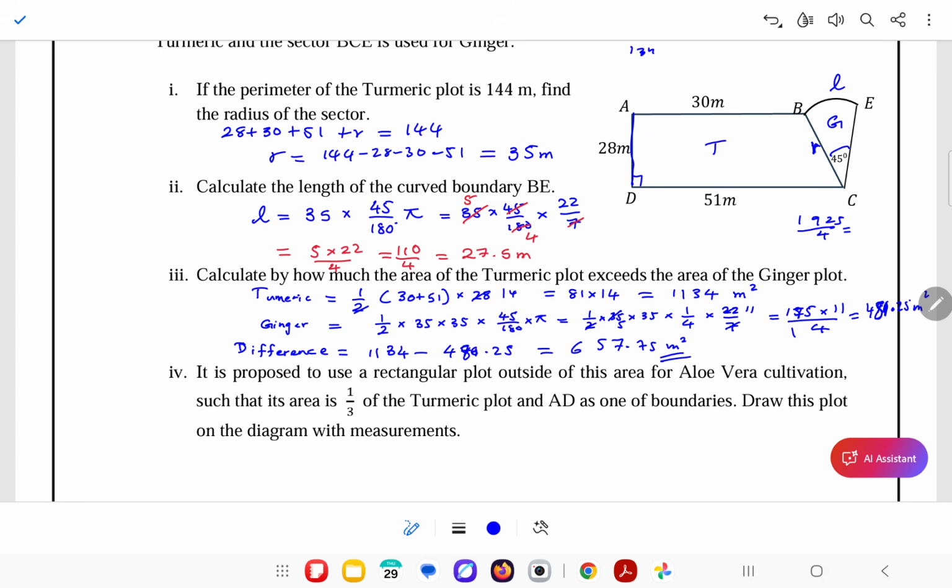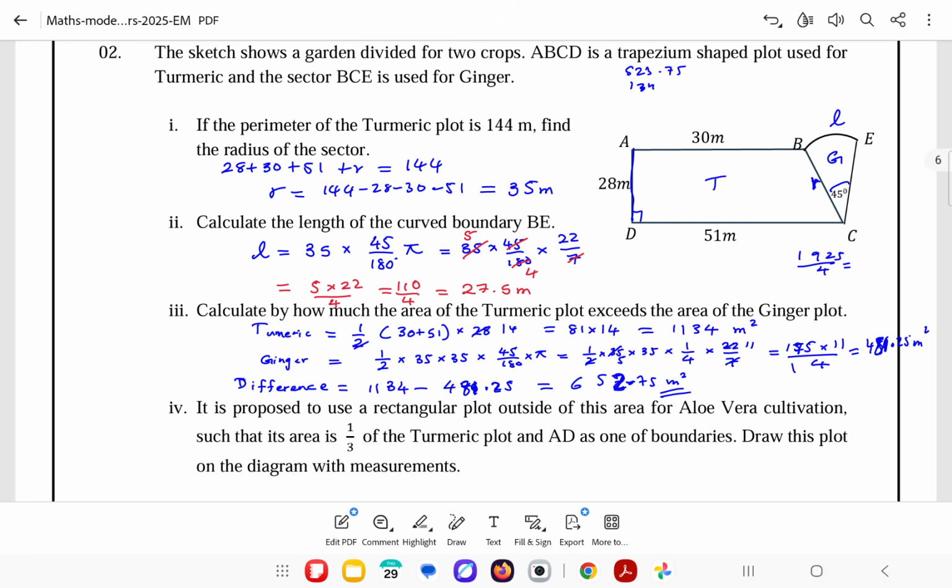So I have to get rid of 476.25, I did 476 first. So this is 652.75, right. Let's check. Yes, 652.75. This has to be 481.25. Right.